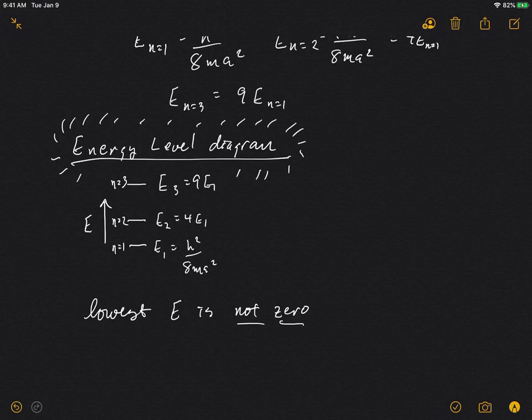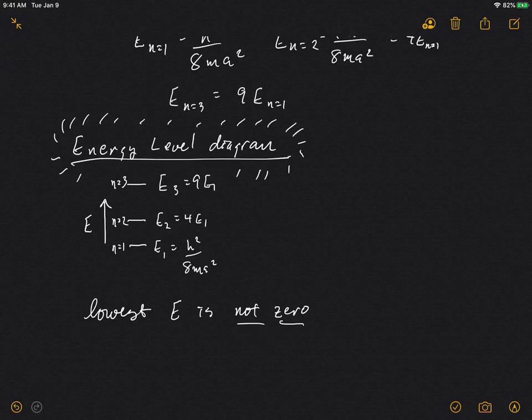If we put a classical particle in a box, just put a tennis ball in a shoebox or something like that, its lowest energy would be zero. It would be a tennis ball at rest inside the shoebox. It seems like this quantum mechanical particle is never fully at rest. In fact, it has some kinetic energy associated with it, even at absolute zero temperature.